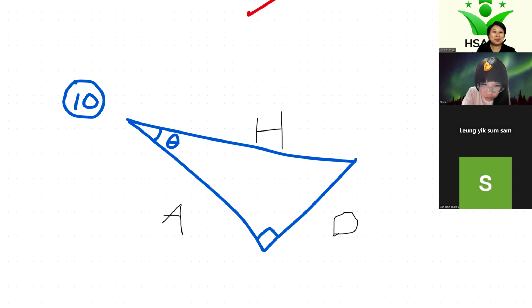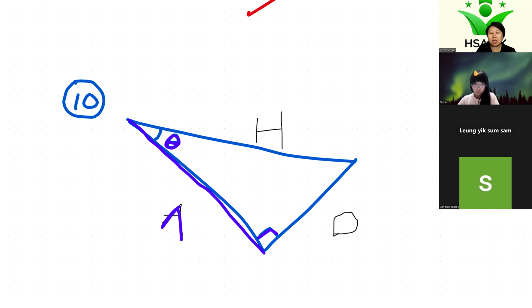Okay? Thumbs up. Let me explain one more time. When you see the theta, when you see the right angle, see on your line. So this line is A. When you see the right angle, opposite to the right angle, that is your A. That must be the longest length of the right angle triangle.